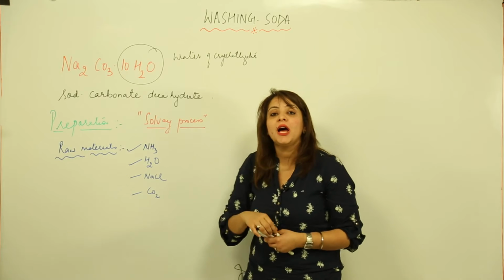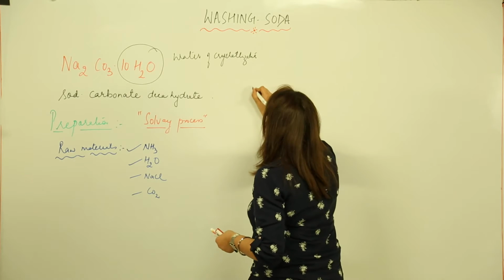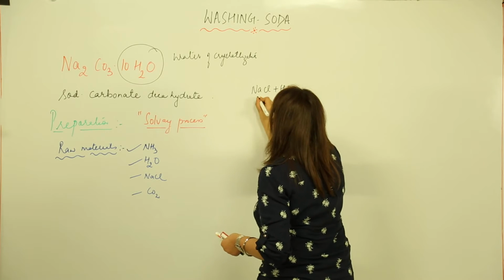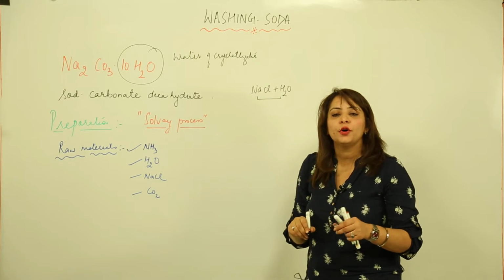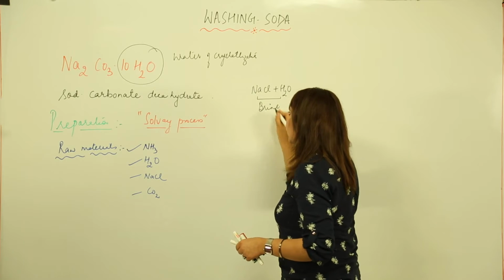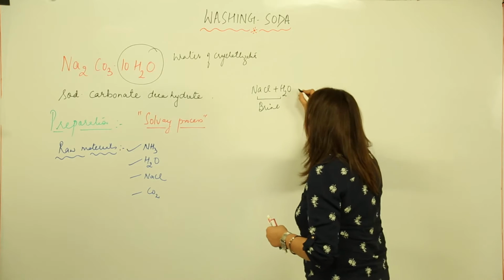Now just look at the board how the reaction starts. First of all, NaCl combines with water, and the mixture of water with NaCl is called brine. So first we prepare the brine, right, then we mix it with ammonia.